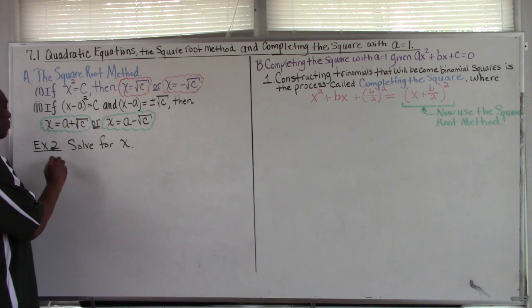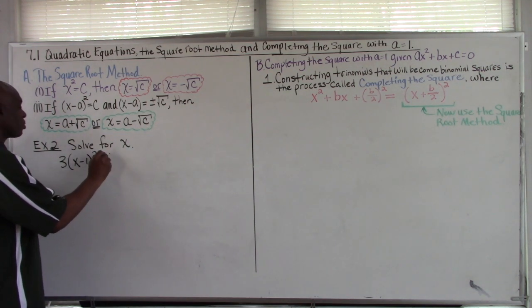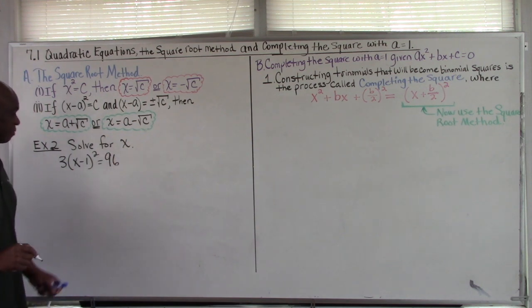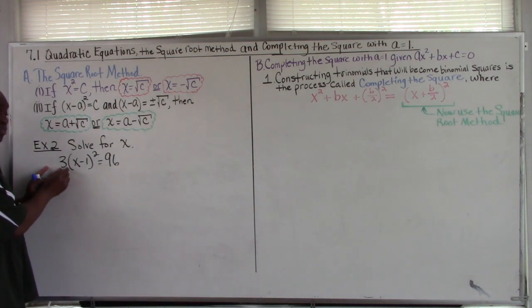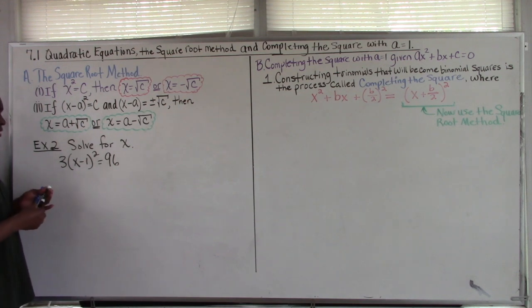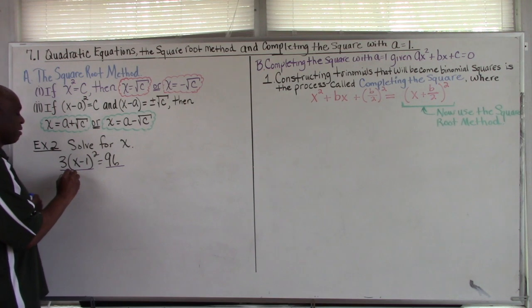Let's say this time 3 times the quantity x minus 1 squared equals 96. Solve for x. Step 1, divide both sides by 3. This coefficient of 3 out here, divide it through on both sides. So divide left and right side by 3.